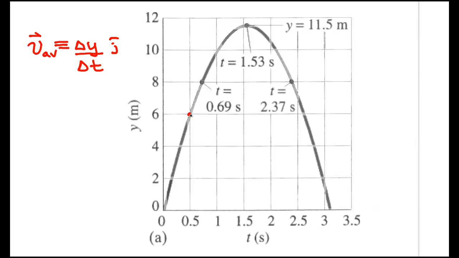Now, this is our location right here initially. Let's say that we're asked to do this from t equals 0.5 seconds to t equal 2 seconds. So that's where we need to find the average velocity in our problem. Then this would be one of the points. The other point at t equal 2 would be right here.